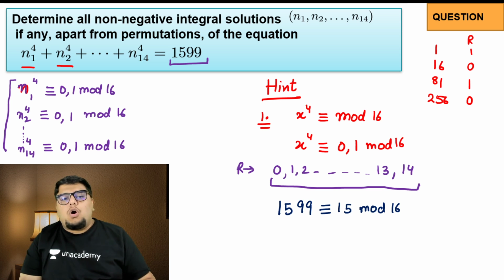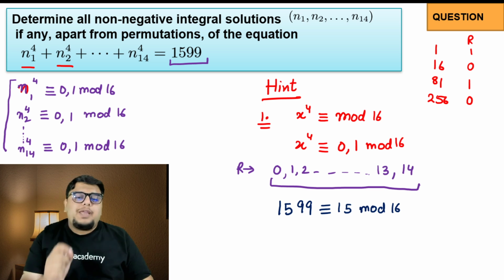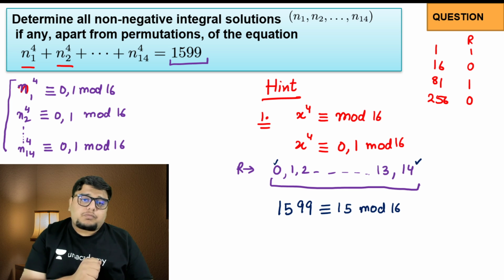Now again, on the left hand side, if I am dividing the sum of all these powers of 4 by 16, the possible values of remainders are in this range: 0, 1, 2, 3 till 14. The maximum value of remainder is 14.